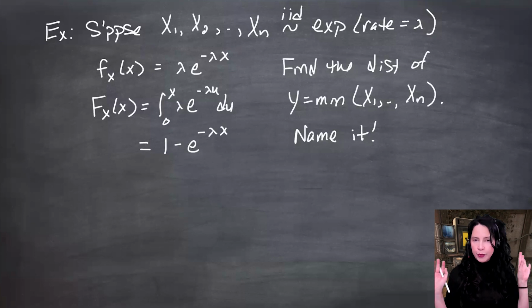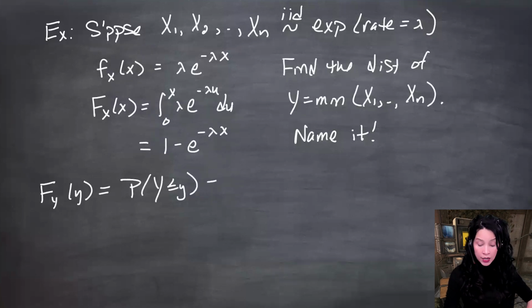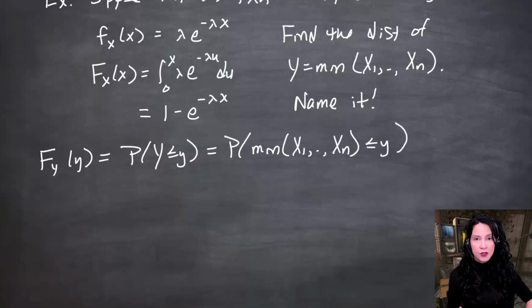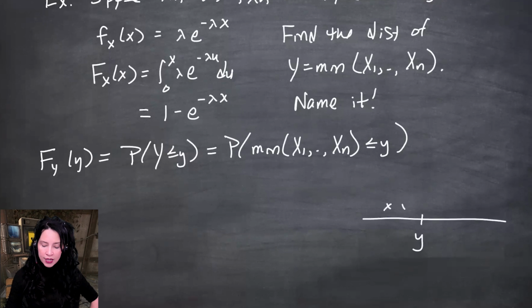Okay, let's pretend we didn't do that formula. The CDF for y is the probability that y is less than or equal to y. All I know about y is that it's the minimum of x1 out through xn, and that has to be less than or equal to y. Now, the game to play is how do I write this in terms of what's going on with the individual x's? If you throw a y on a number line, you realize that the x's can fall a lot of ways to get the minimum below y.